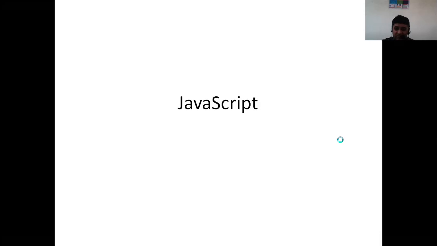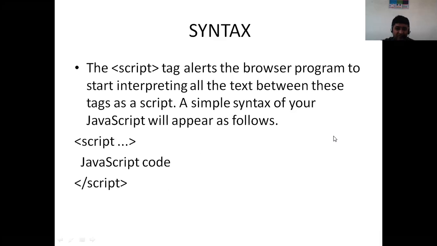So we have seen the brief about JavaScript. Now we'll see the syntax of JavaScript. The script tag alerts the browser program to start interpreting all the text between these tags as a script. A simple syntax of JavaScript will appear as follows.